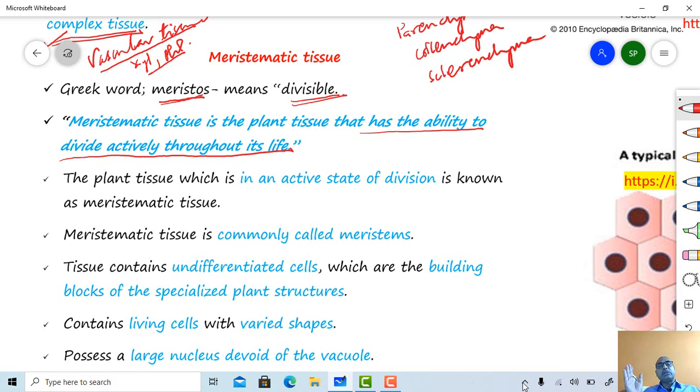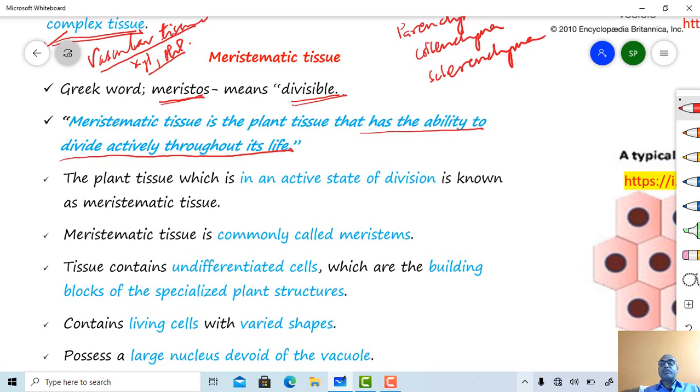So in the total life of this meristematic cell or tissue, it undergoes division and division and division. Throughout life, these cells continuously get divided.